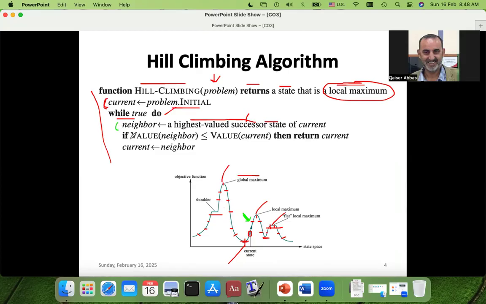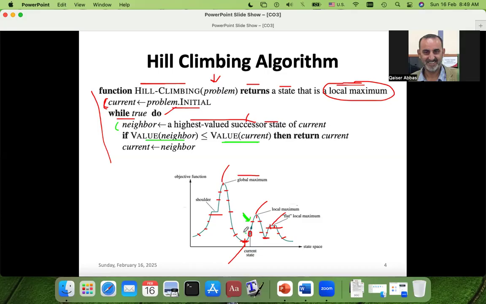And then we are checking whether the value of the neighbor is less than the value of the current. If you have values 0, 1, 2, 3, 4, 5, 6 written here, then you are checking whether the value of the neighbor is less than or equal to the value of the current.